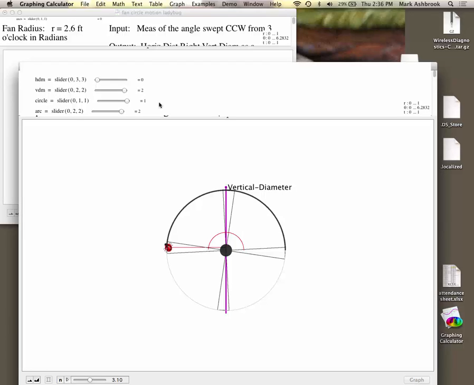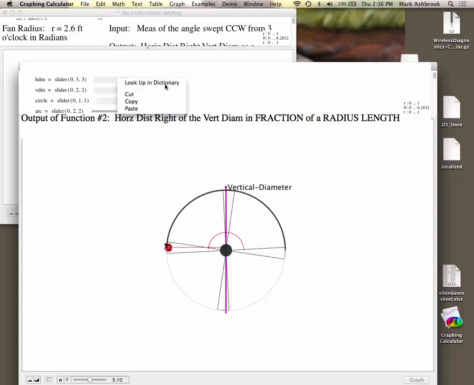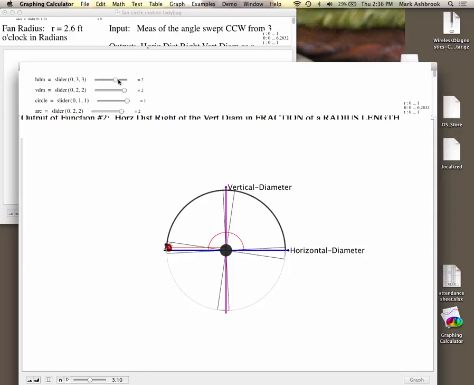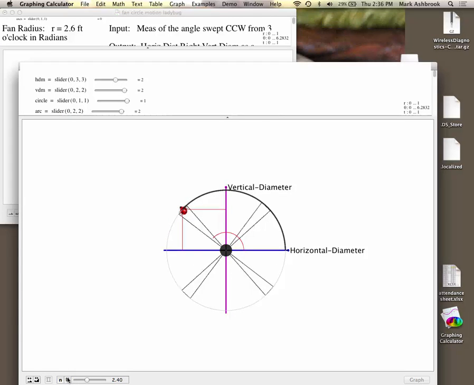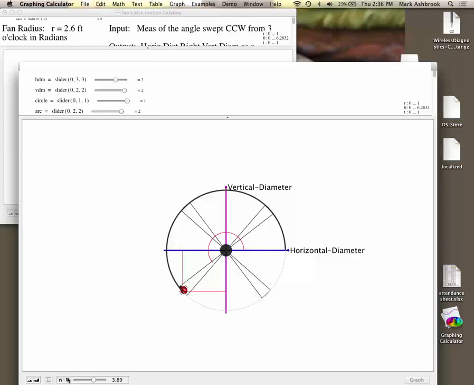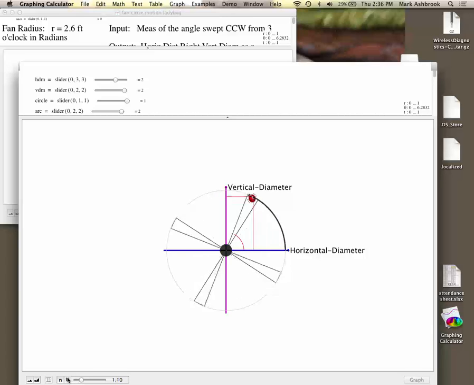So looking at them both together, given an angle, do those 2 output quantities pinpoint the location of the bug? Given any angle swept counterclockwise, if we knew those 2 output quantities, would we know exactly where the bug was?